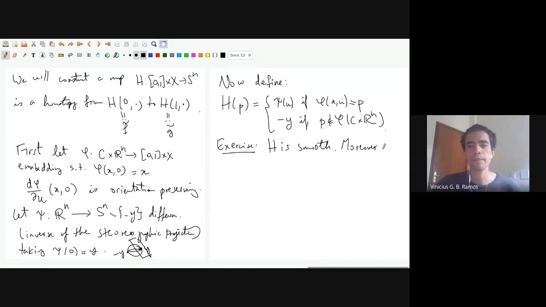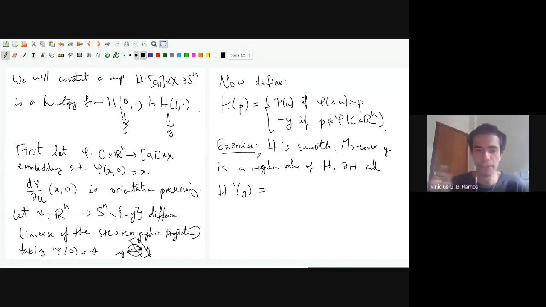Moreover, y is a regular value of H and the boundary of H, and the pre-image of y is, can someone tell me, to see if you're paying attention or understanding what I'm saying, what's the pre-image of y?